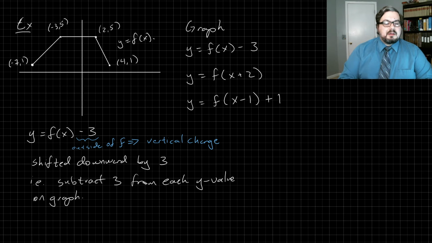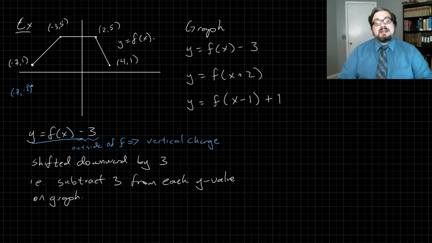So we'll call this blue. One way that we can do this is we can take every point on the graph and subtract 3 from its y value. And what that will do is that'll give us a new point on the graph of the function y equals f of x minus 3.